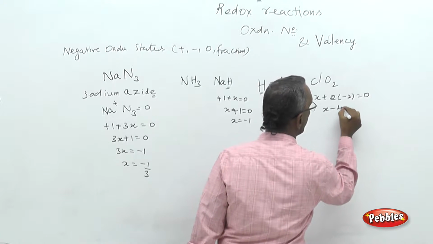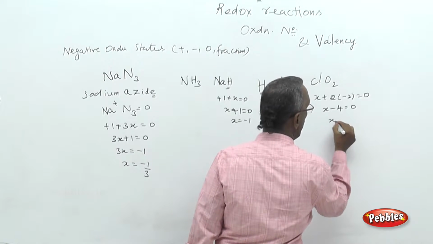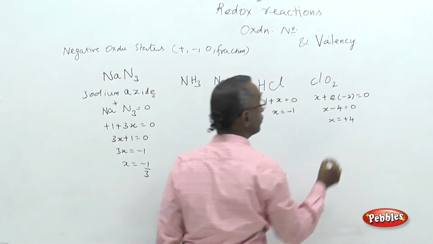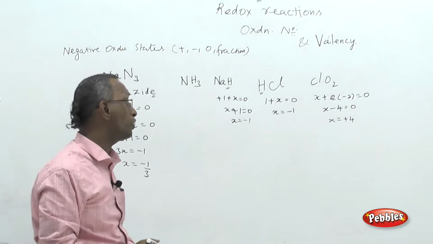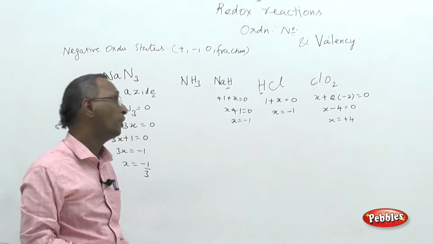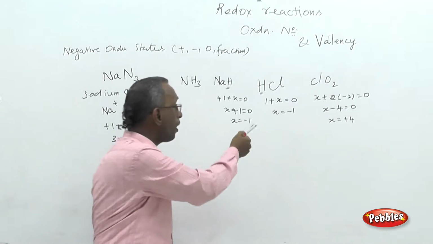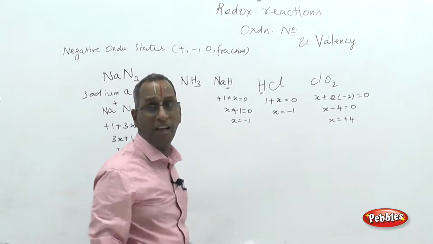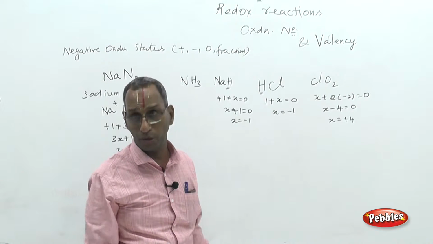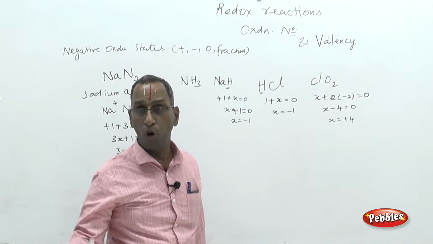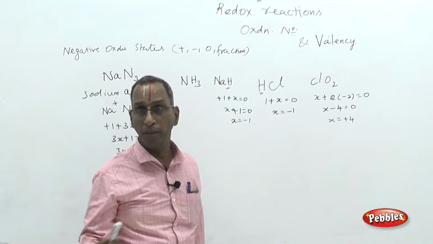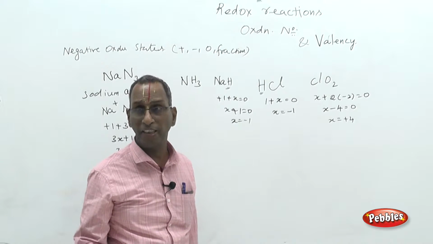So x - 4 = 0, or x = +4. So in some compounds chlorine shows a positive oxidation state, such as chlorine dioxide. In most compounds it shows a negative one. Generally halogens show the negative oxidation state: chloride, bromide, iodide.